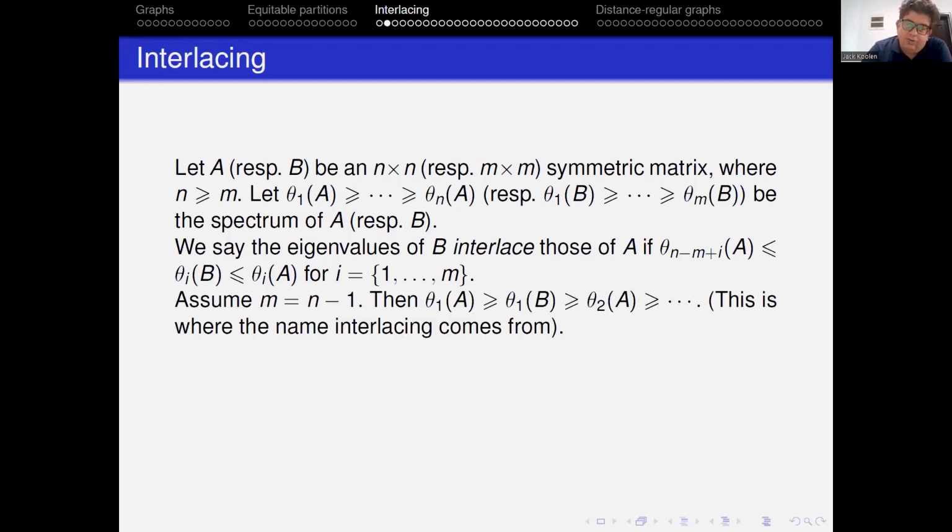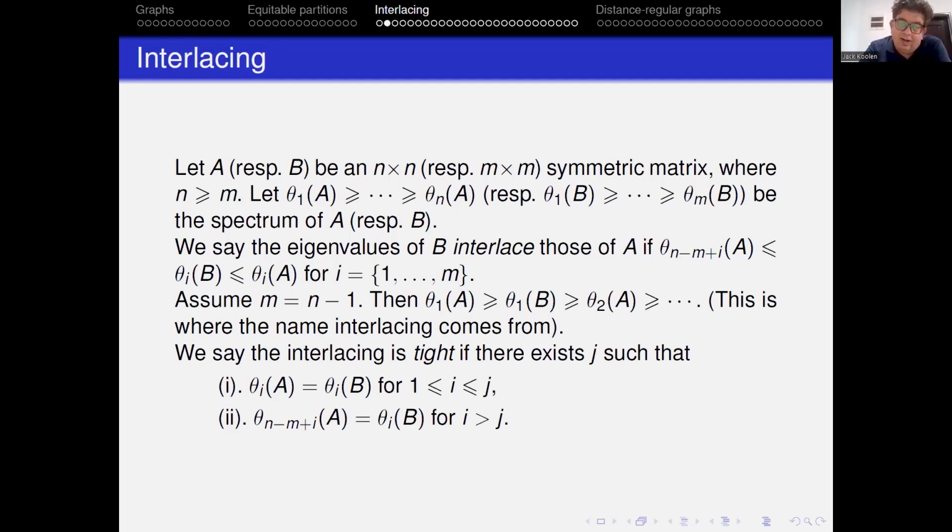And why is this called interlacing? Because if you take m is n minus 1, then you get theta_1(A) is greater or equal to theta_1(B) is greater or equal to theta_2(A) is greater or equal to theta_2(B), and so on. This is where the name interlacing comes from.